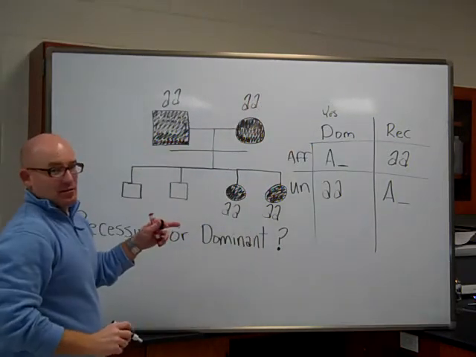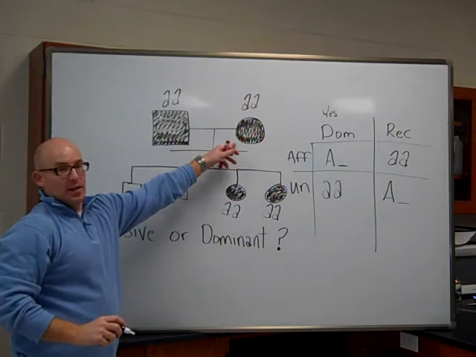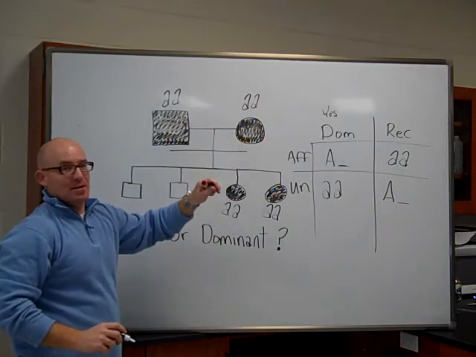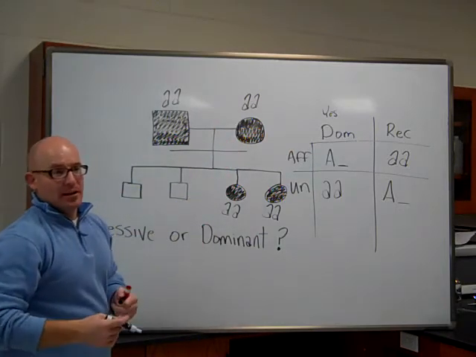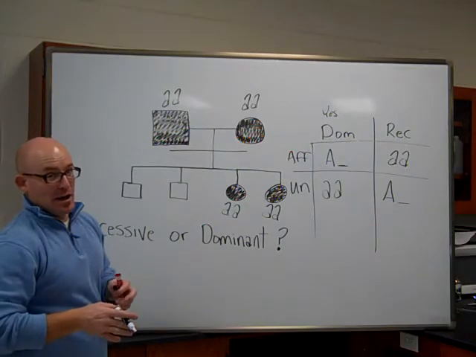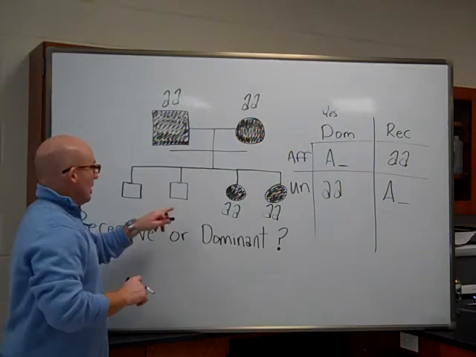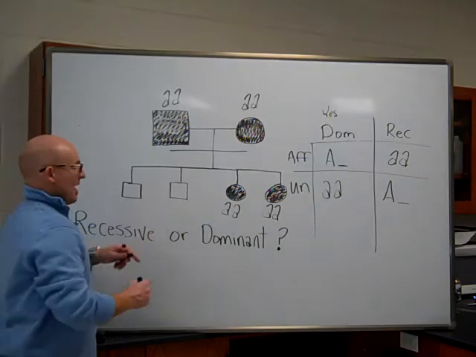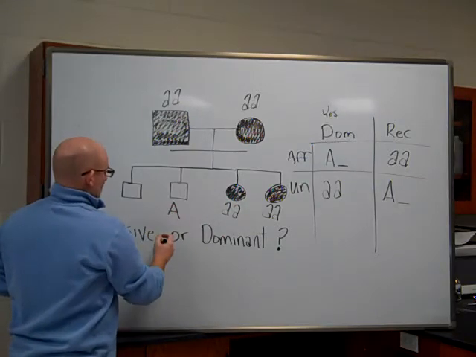So Dad is little a, little a, Mom is little a, little a. They're both homozygous recessive. Now, hopefully something just clicked in your brain. But if these two offspring are unaffected, they must have one big A.